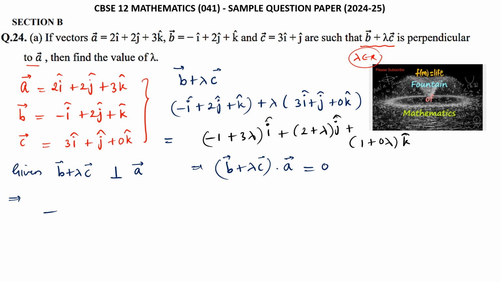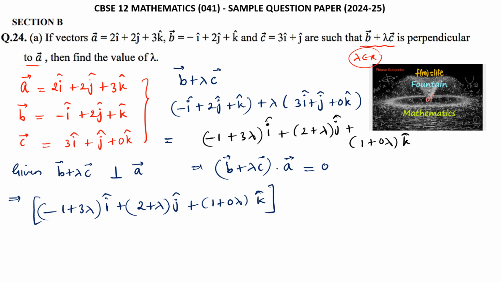So here we can write minus 1 plus 3 lambda of i, 2 plus lambda of j, 1 plus 0 lambda of k, dot product with vector a, that is 2i plus 2j plus 3k, is equal to 0.